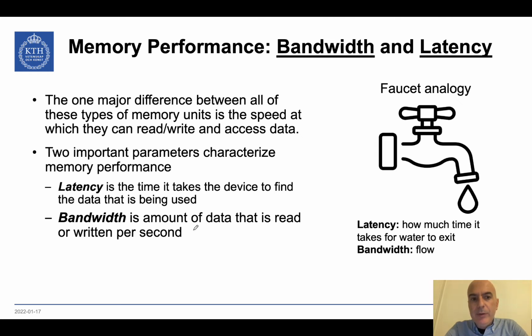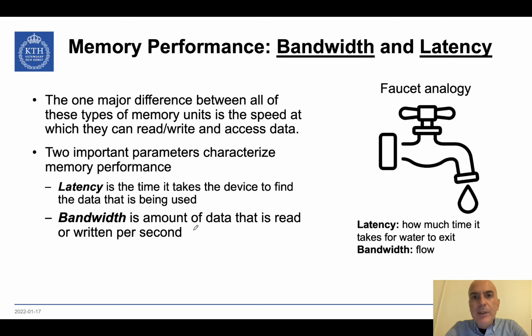As I told you, there are two important parameters that characterize memory performance. The first is the latency. Latency is the time it takes the device to find the data that's being used. How much time it takes to access one piece of data.